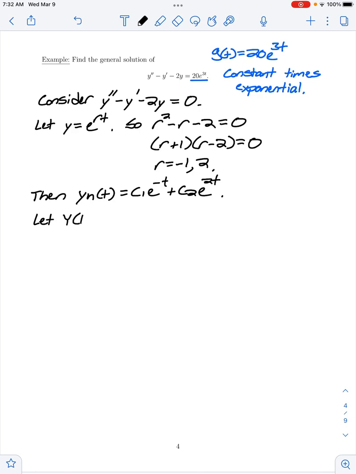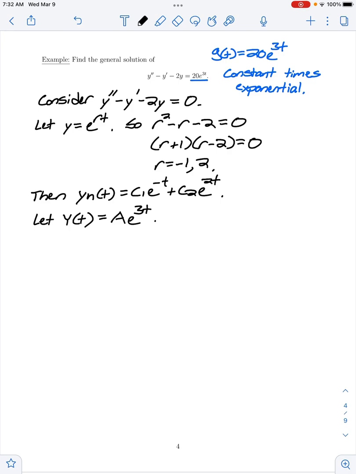That is a particular solution, capital Y of t, given by some constant, let's call it a, times the same exponential, e to the 3t. And we need to determine this coefficient a that will make this a solution of our non-homogeneous equation.